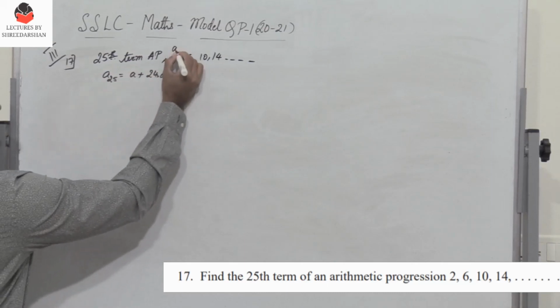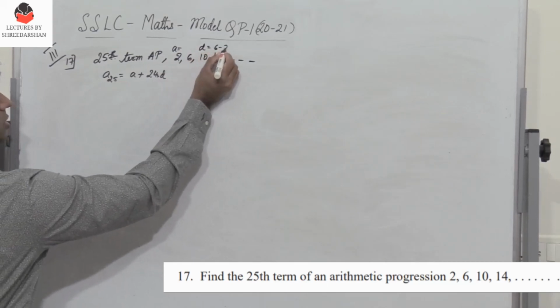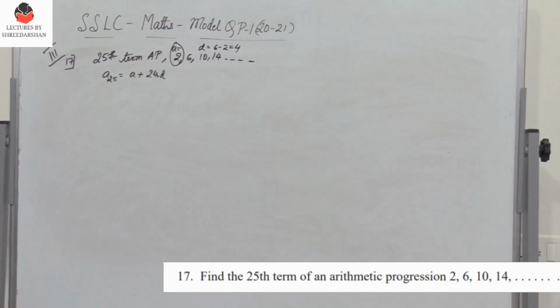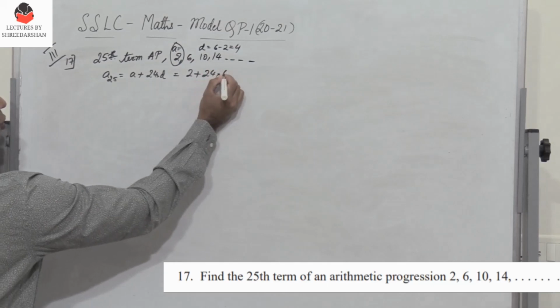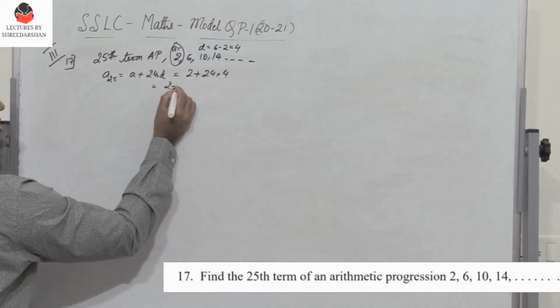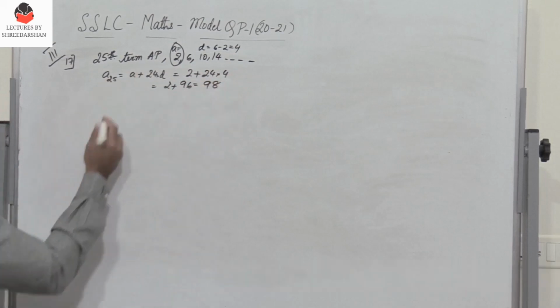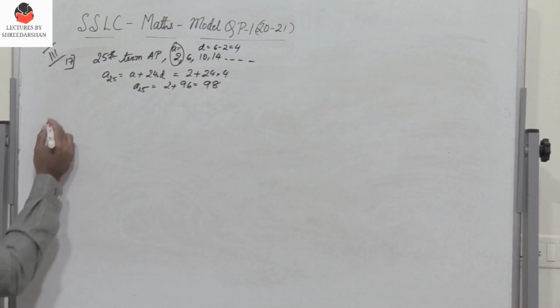Here a is 2 and d is 6 minus 2, which gives me 4. Let me substitute: 2 plus 24 into 4, which gives me 2 plus 96, which is 98. So A25 is 98.